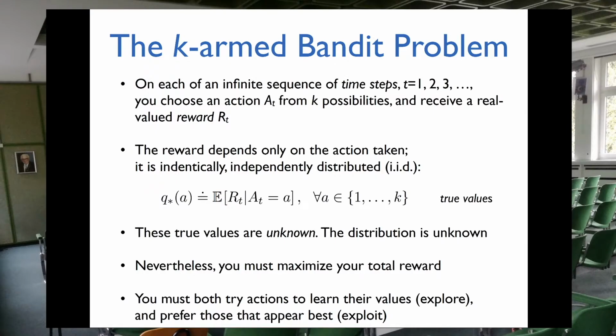So when you perform an action because you know that that action is currently, according to your estimations, the best one, we say that you are exploiting your knowledge. And when you execute an action just to learn about the rewards that that action can give you, we say that you are exploring the action space.